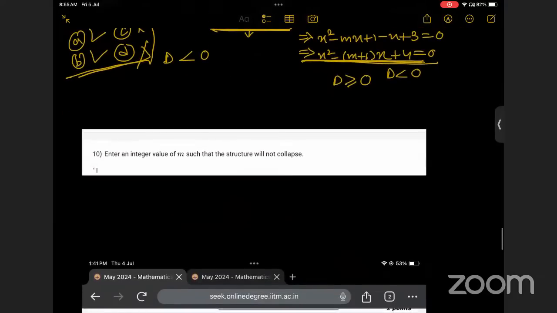Next: enter an integer value for m such that the structure will not collapse. So we can enter some integer value for which the structure will not collapse.